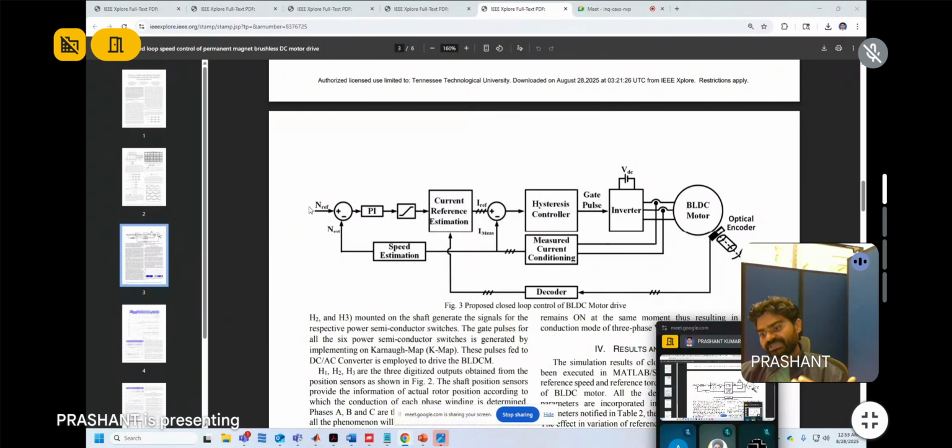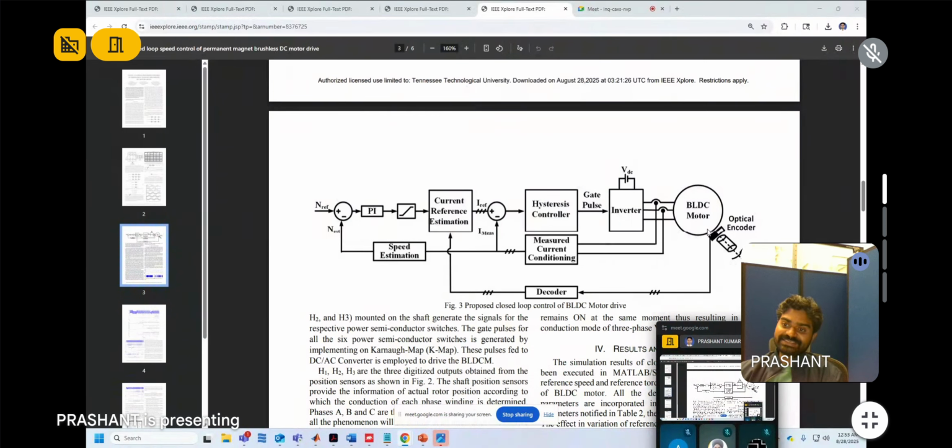Suppose my reference speed is 500 rpm, however the motor is still running at 300 rpm, so we need to give some more speed. The error amplifier will get some error in the speed, and it will amplify that error signal to some equivalent magnitude of signal. So this is the closed loop system.